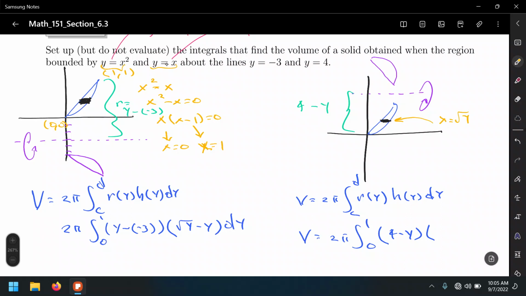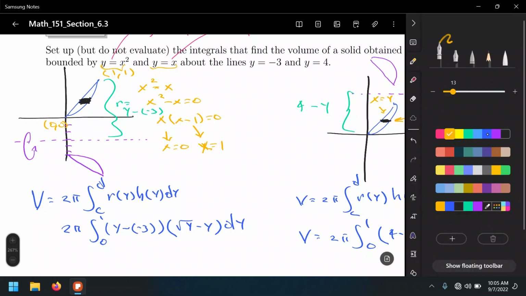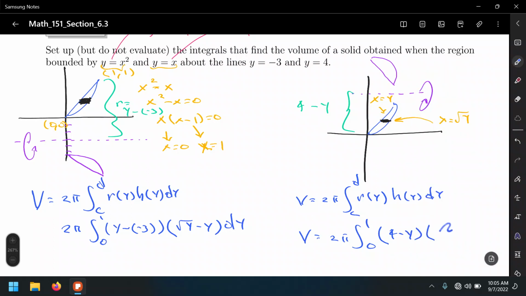And the line y equals x is the same as x equals y in terms of y. So that'll be root of y, which is the rightmost, minus leftmost, which is simply y. And that with respect to y.